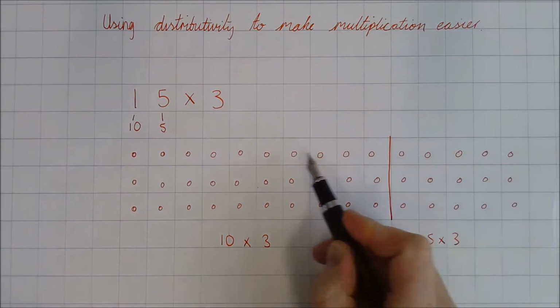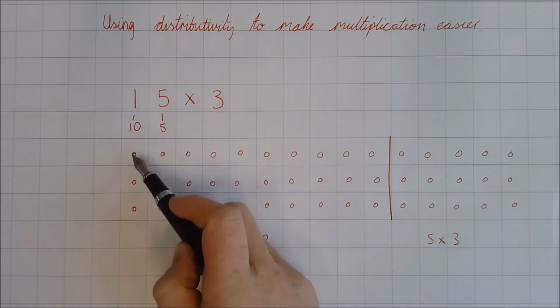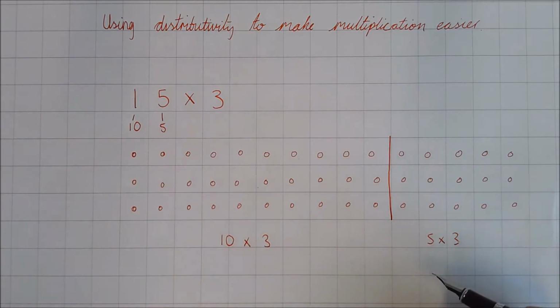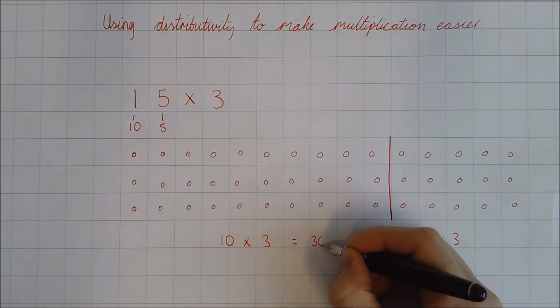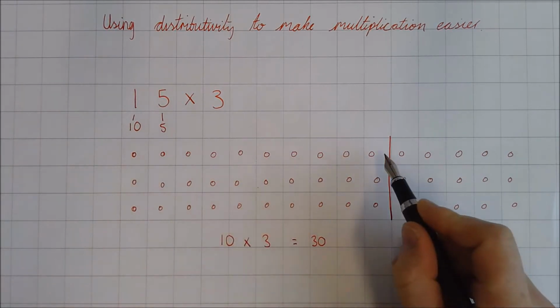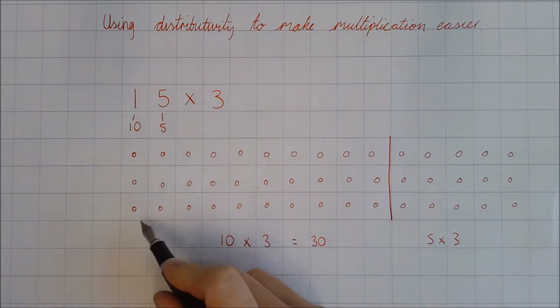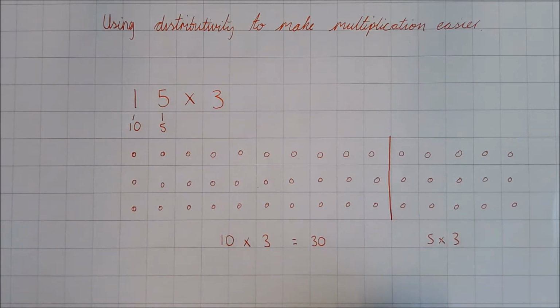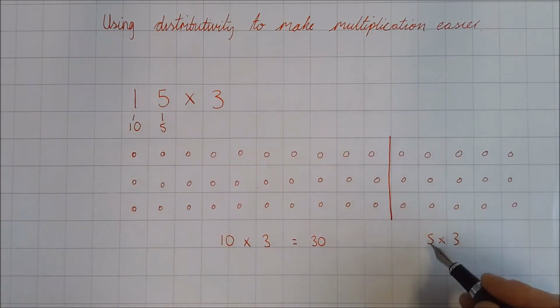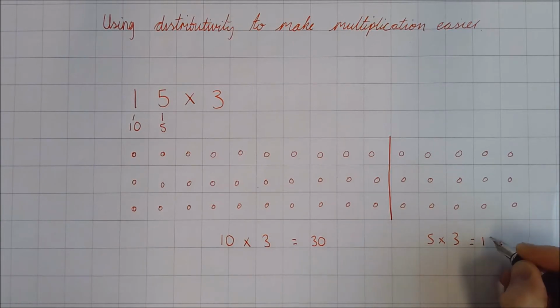You can still see that all together it is still 3 times 15. 10 times 3 equals 30. So this part is actually a partial product of 15 times 3. This partial product is 30, and this partial product, 5 times 3, is 15.